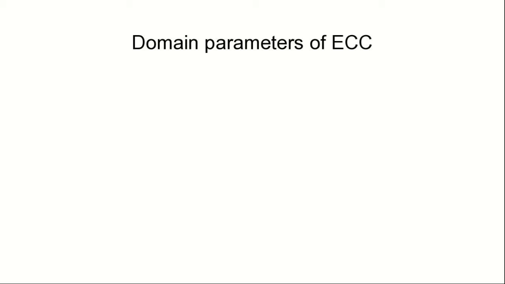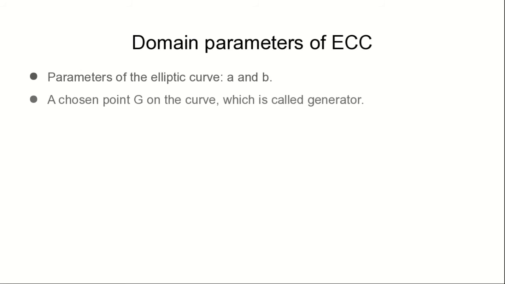We now have intuition about elliptic curves and their operations. Let's see how they are used in cryptography. To be used in cryptography, elliptic curves must share some domain parameters. We have a and b, the parameters of the elliptic curve, and a chosen point G on the curve, which is called a generator. And a cofactor.